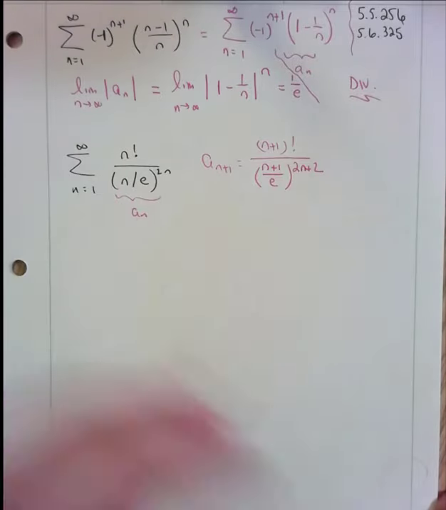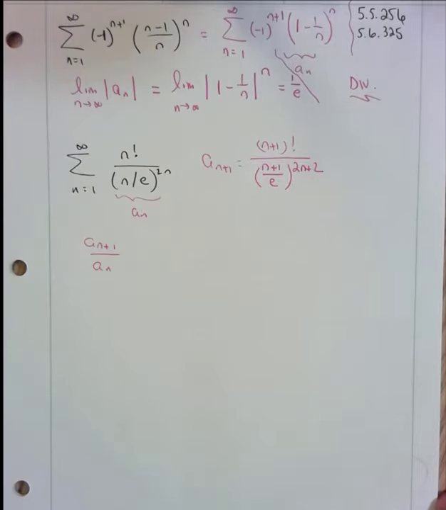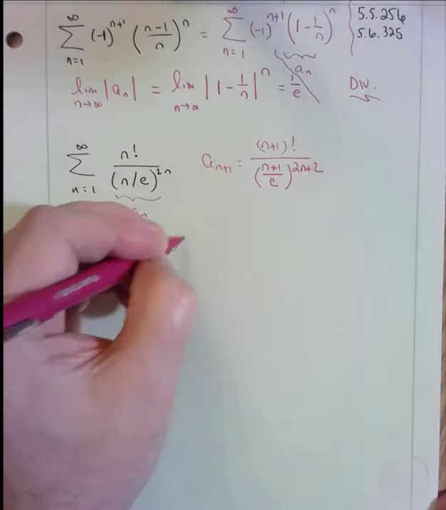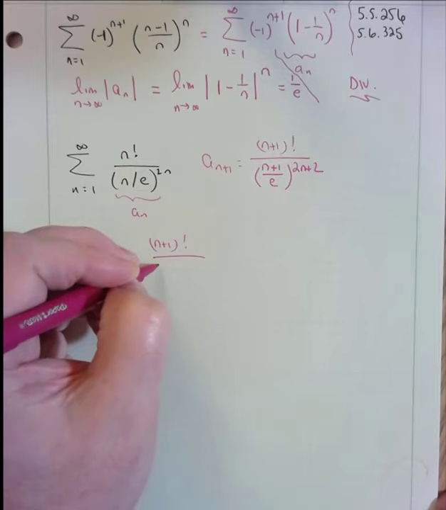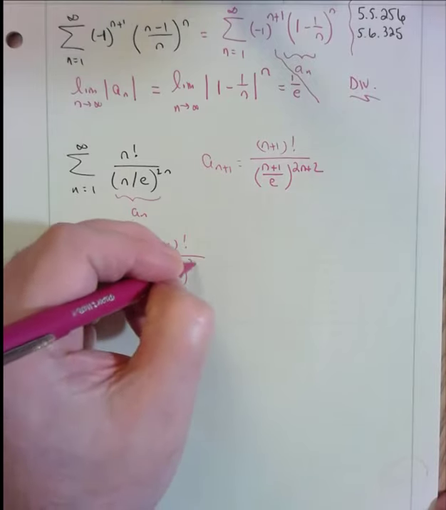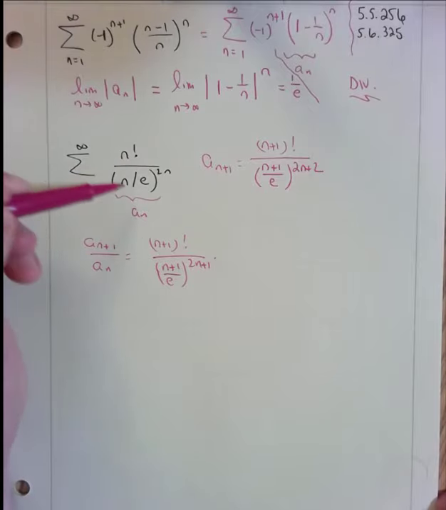So then I need to build the ratio. That's why it's called the ratio test. A sub n plus 1 divided by a sub n. So here comes a sub n plus 1, which we've already constructed. Dividing by a sub n is the same thing as multiplying by the reciprocal of this, right?